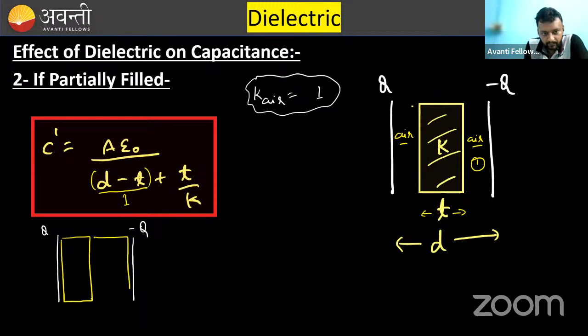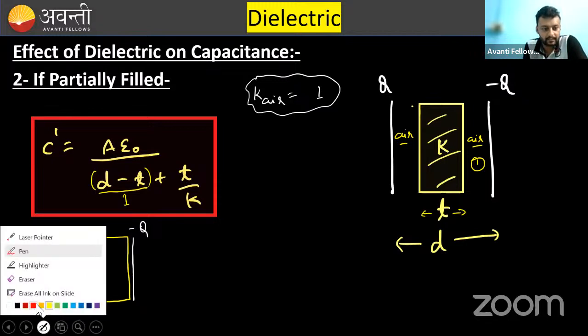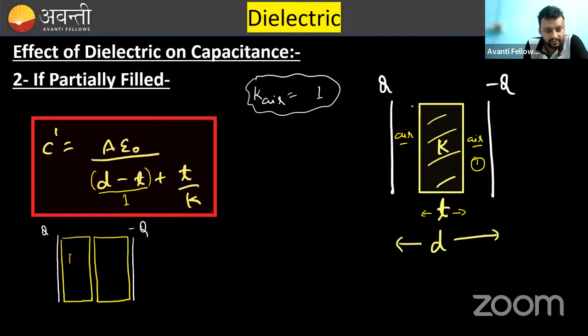This is a very common problem. We can solve it using two methods, but the one I am telling you is very simple. Let's suppose this dielectric constant is K1, this is K2. This thickness is D1, this thickness is D2. Or you can say T1, T2, whatever you want.